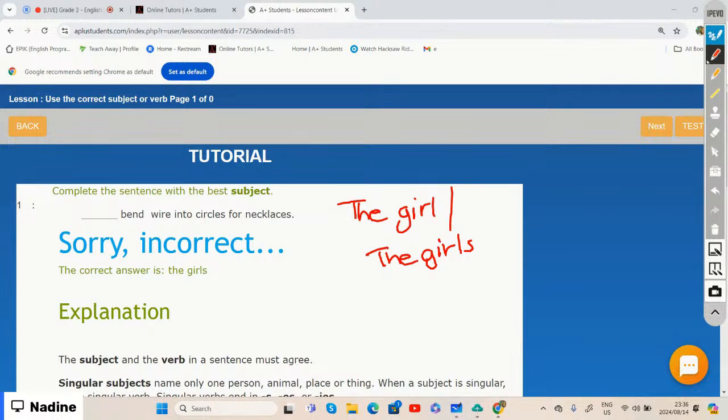Which subject is correct? The girl or the girls?